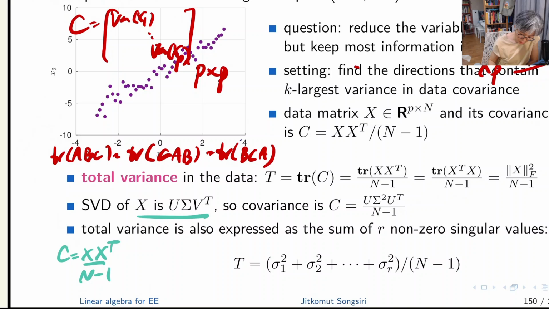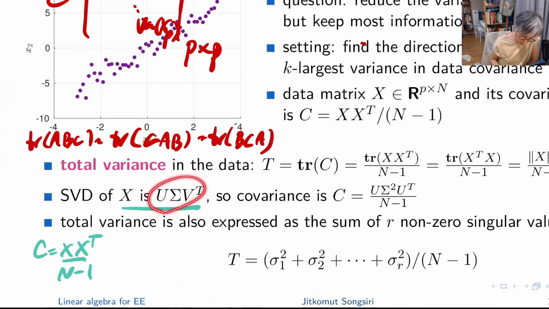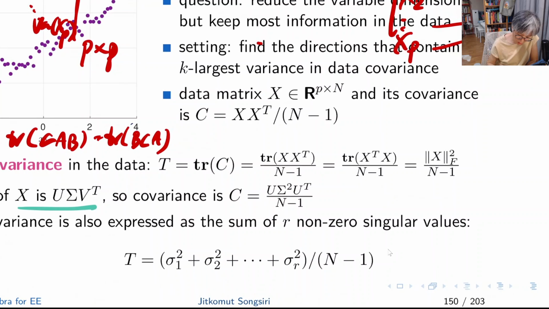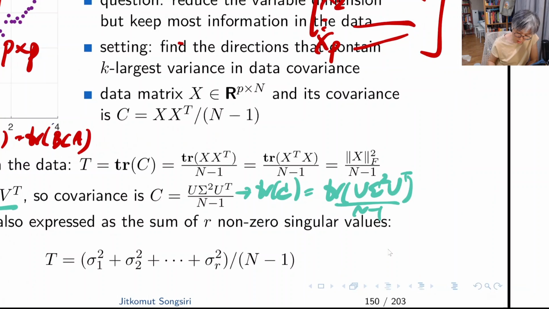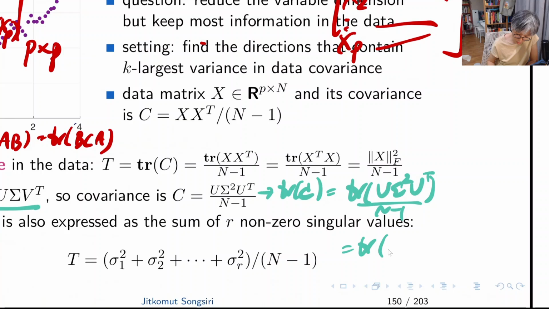I hope it's not hard to just plug it in. But from there you see the connection, because the trace of C is going to be the trace of U sigma squared U transpose divided by N minus 1. And of course, because of the circular property again, it is this, right?